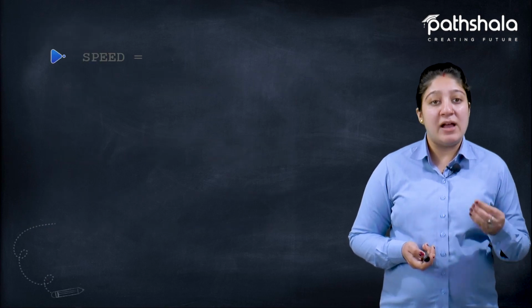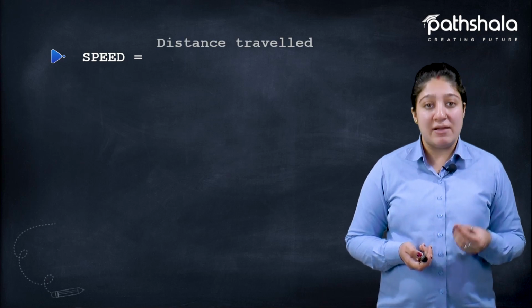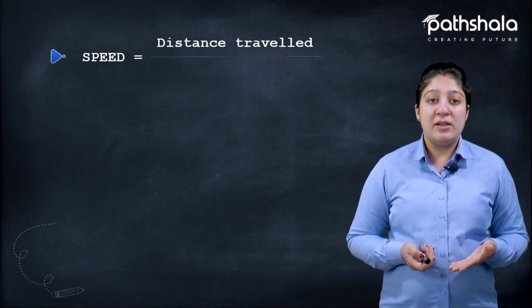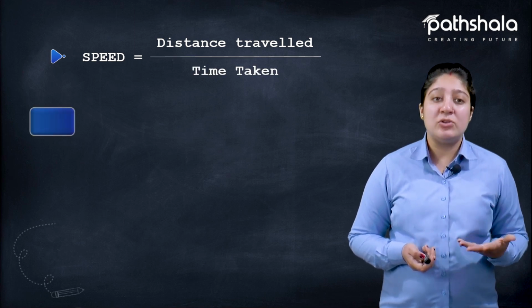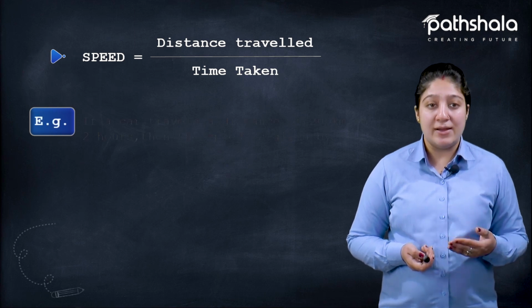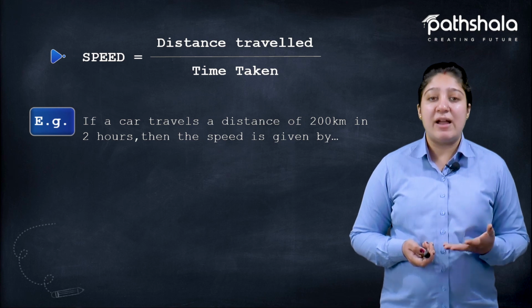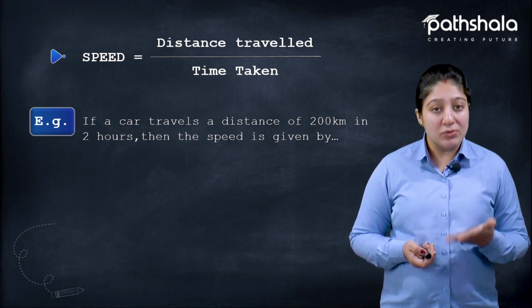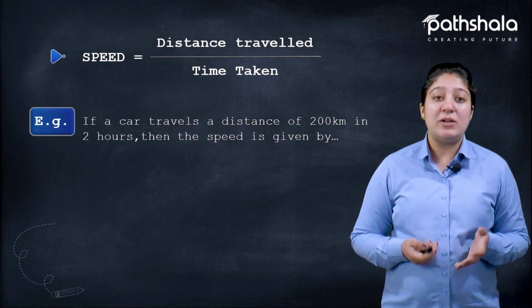Now for that we have a formula. Speed is equal to distance traveled by an object divided by the time taken. Now let's see how we are going to use this formula while doing the numerical. We have a question here: if a car travels a distance of 200 km in 2 hours, what will be the speed?